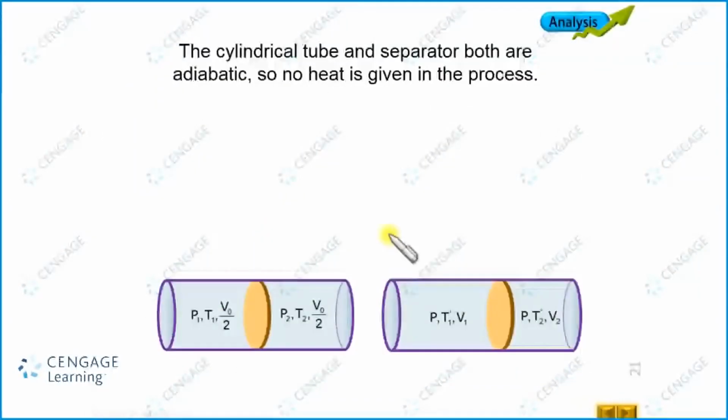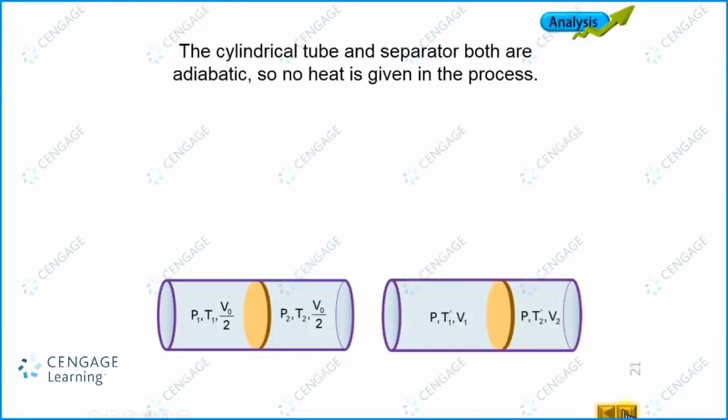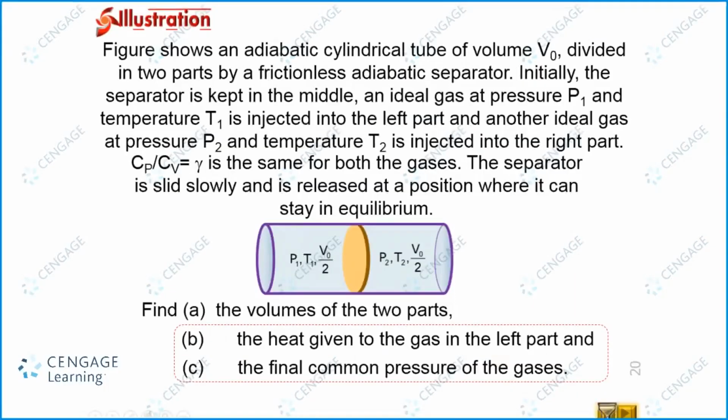Now let us solve for the common pressure. For the left part we can write the equation P1 (V naught by 2) to the power gamma equal to P V1 to the power gamma. This was the equation for the left hand side part, and we have calculated the value of V1.